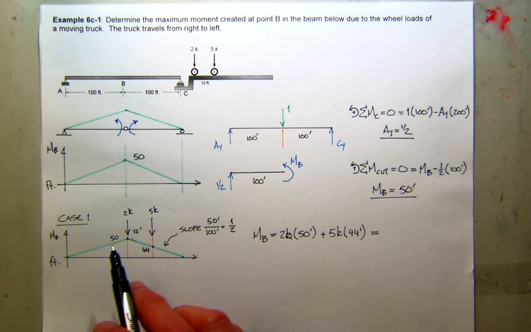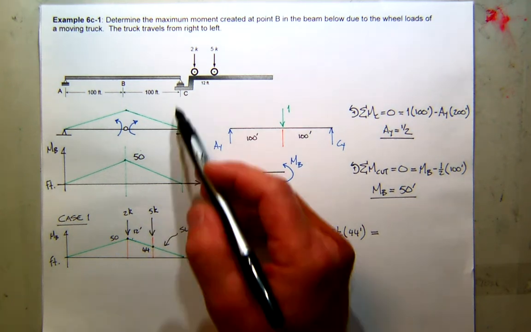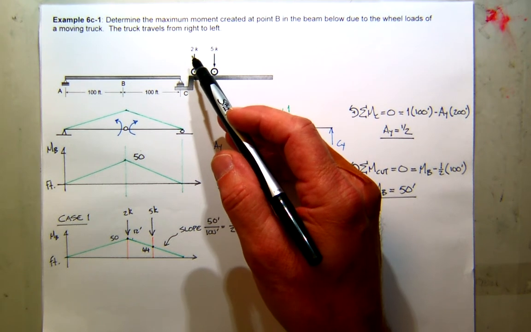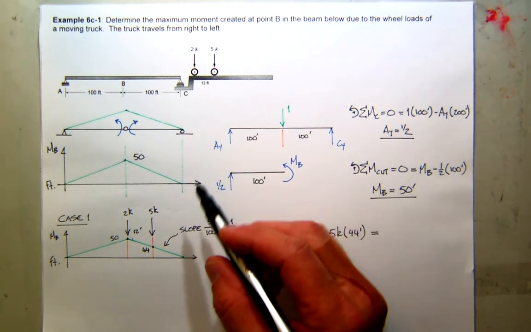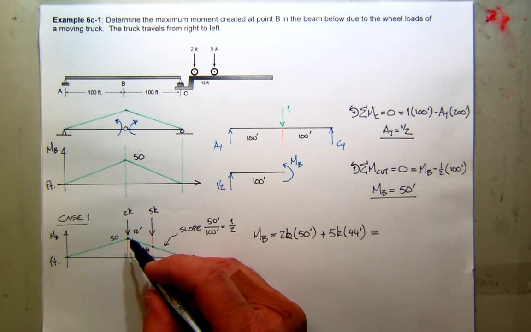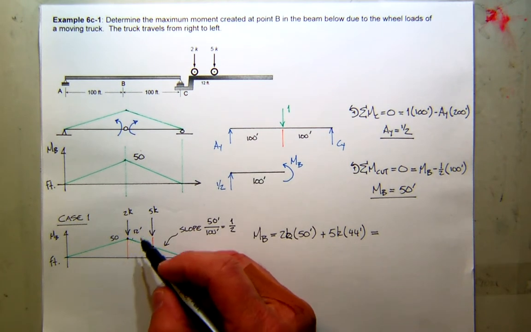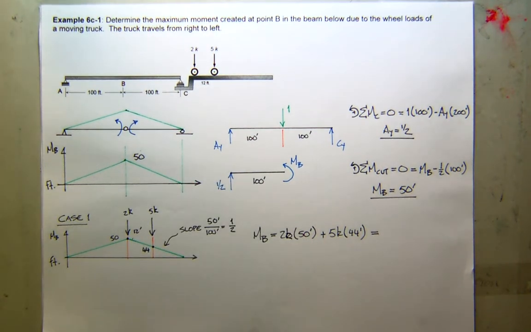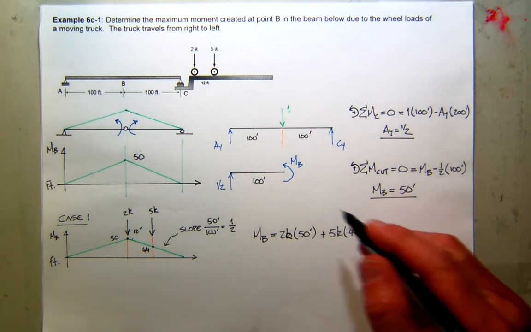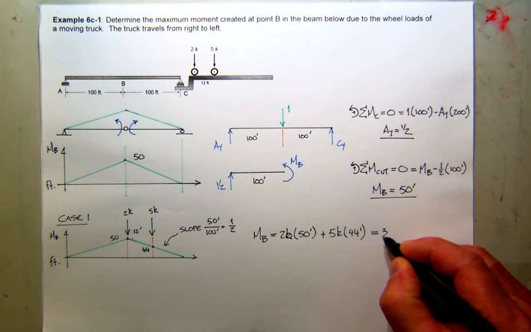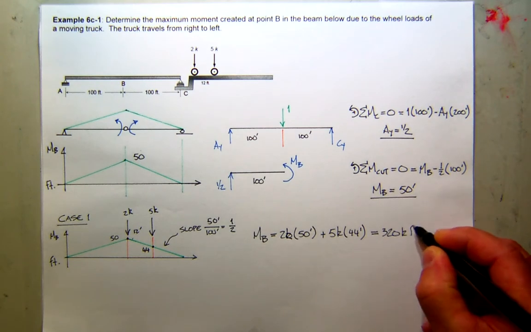So we have to have a case where each of the loads in our set, this only has 2, I could have 3, 4, 5, or 100, gets an opportunity to create the maximum moment by being right at the peak, because we found that when you're there, that's when you create the maximum moment as a unit load. What's this numerical value? 6. And that will be kip feet.